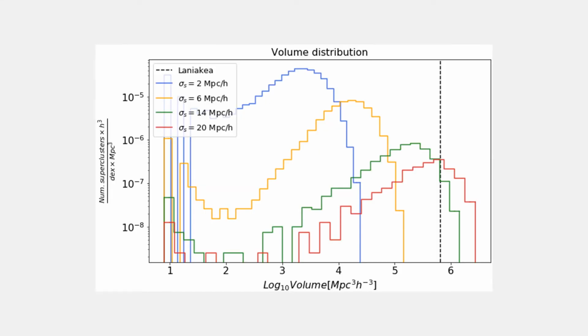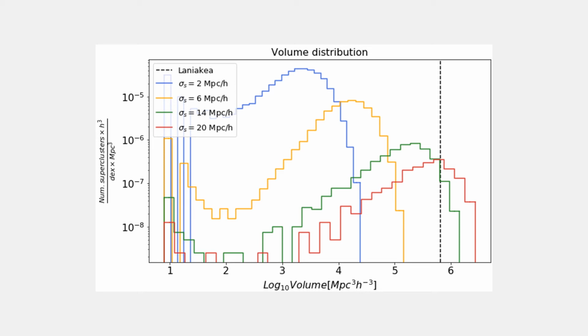The behavior of the volume distribution of the superclusters for different sigma s values is presented in this figure, where the same simulation is smoothed using sigma s equals 2, 6, 14, and 20. In addition, a vertical line is drawn to mark the reference of the volume of Laniakea.